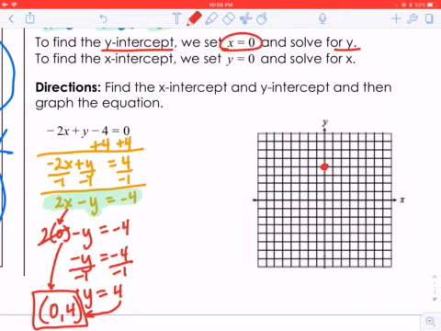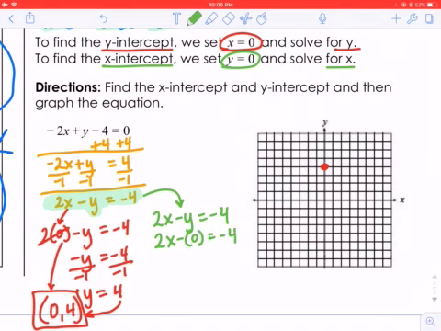So that's my y-intercept. My x-intercept, we set y equal to 0 this time, and I solve for x. So I'm going to take this same equation, 2x minus y equals negative 4. I'm going to set y equal to 0, so it says 2x minus 0 equals negative 4.